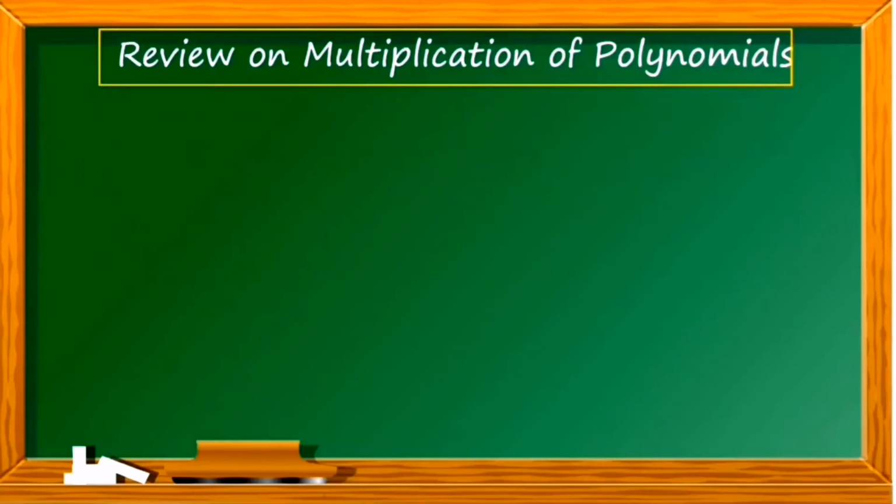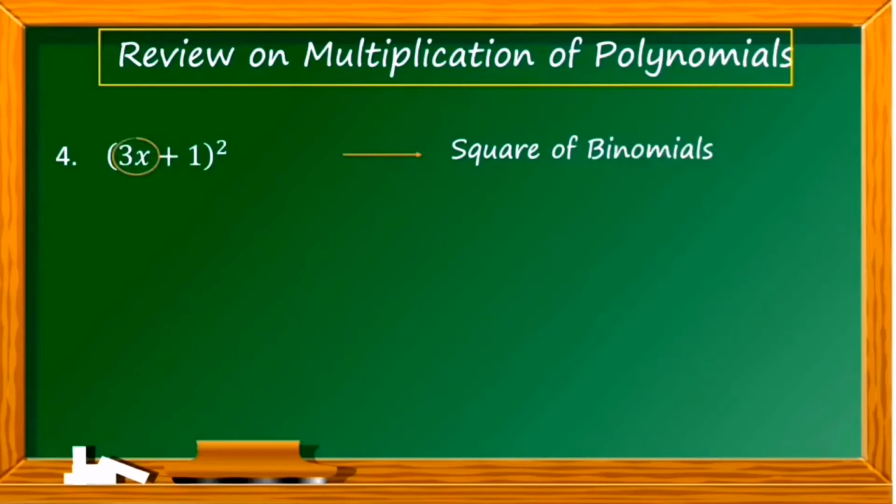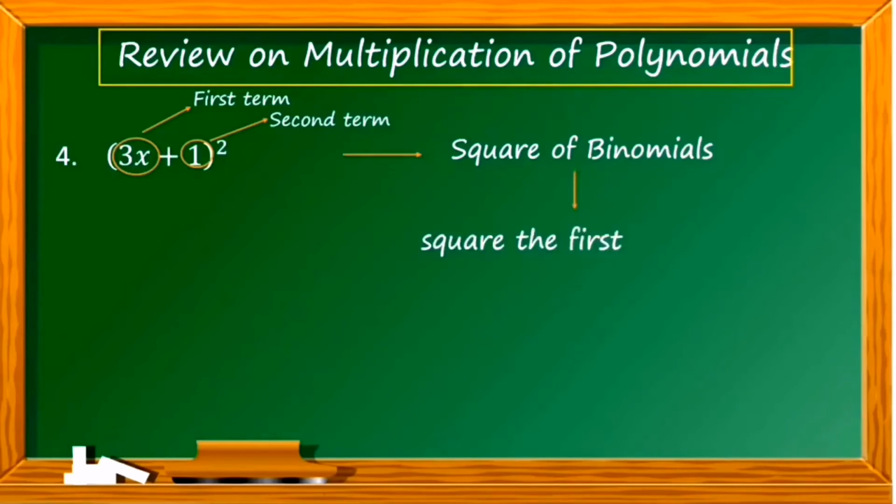Last, let's find out the square of the binomial 3x plus 1. In squaring of the binomials, we need to identify the first term and the second term of the binomial, and that is 3x and 1 respectively. To square the binomial, we need to follow this process.